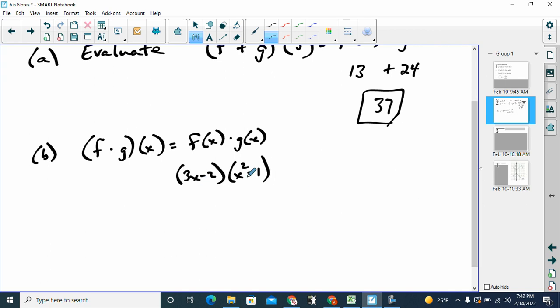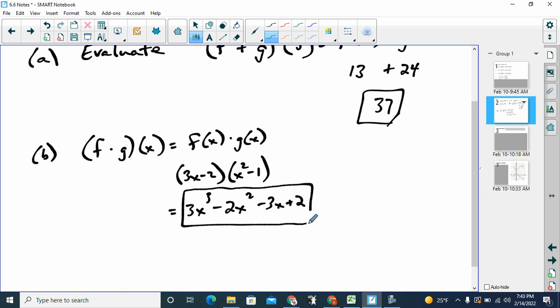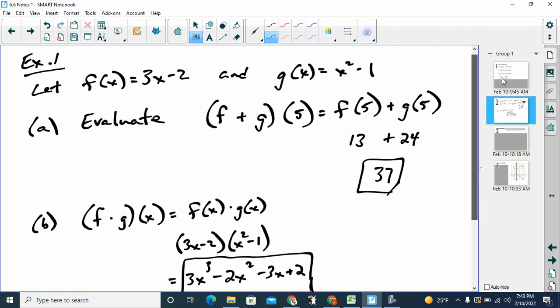I have a binomial times a binomial, so we should be able to FOIL and expand here. So I've got 3x³ − 2x² − 3x + 2. Easy enough. Nothing new, nothing really major outside of this notation written like that.